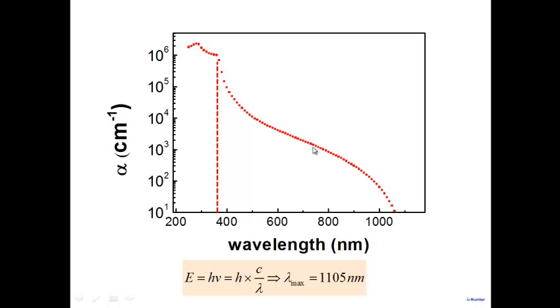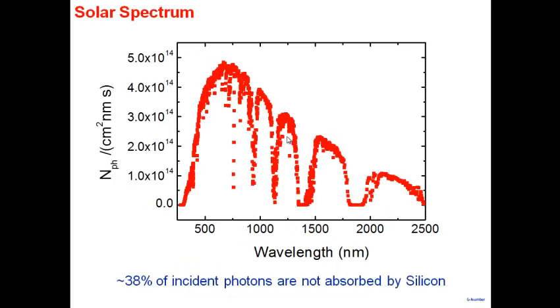All right. Now, all of you know that silicon is widely used as a solar cell material, where the whole idea is to absorb photons and convert them into power. What is the solar spectrum that is incident? This graph shows the solar spectrum. On the x-axis we have the wavelength.